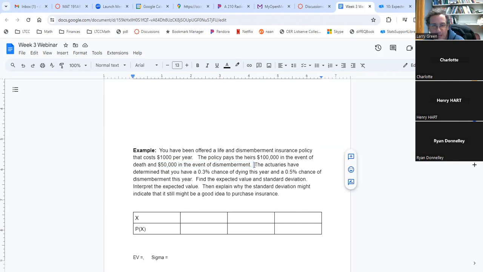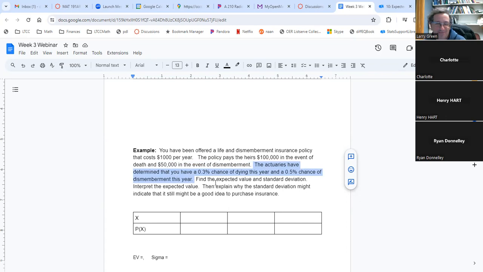Okay, the actuaries have determined that you have a 0.3% chance of dying this year. It's a very small chance. By the way, this is one of those where you do not want the big money to happen when you buy life insurance. Do you agree? Yeah, $100,000 goes into your heir's pocket, but then you're dead.